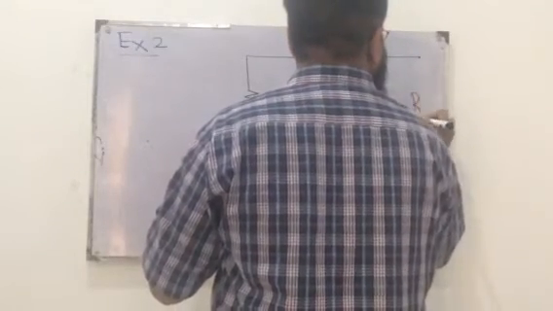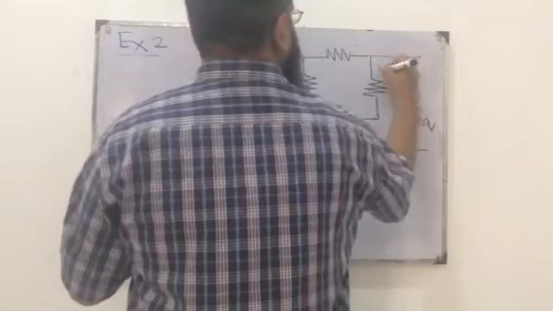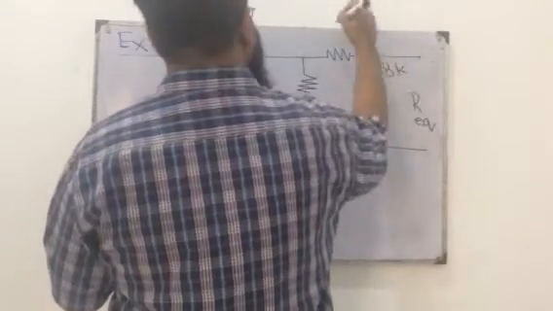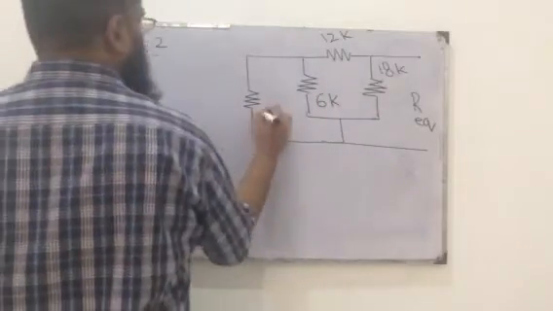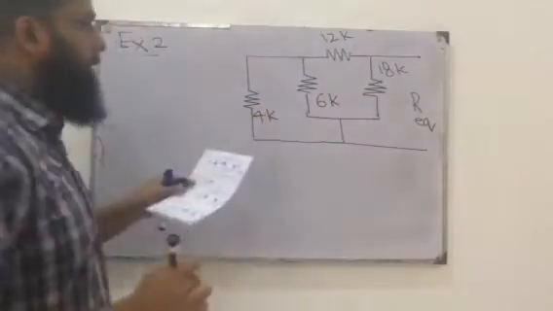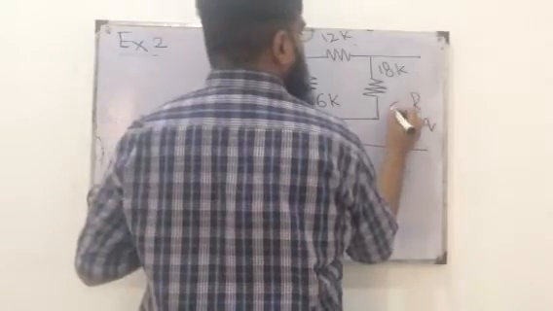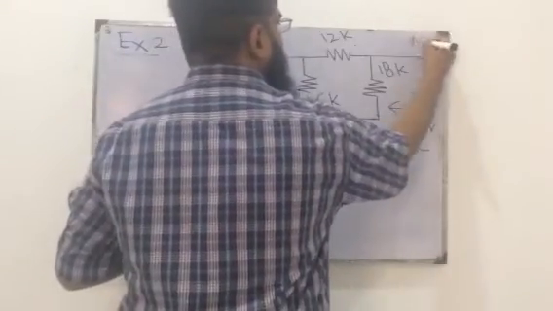Given this circuit, this is 18 kilo ohms, 12 kilo ohms, 6 kilo, 4 kilo. So we are supposed to find R equivalent between these 2 points, A and B.